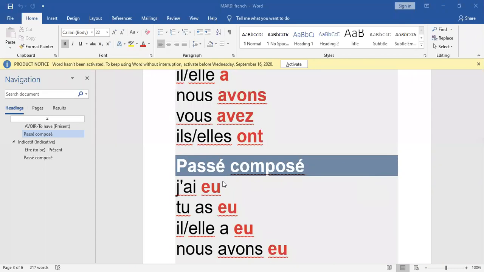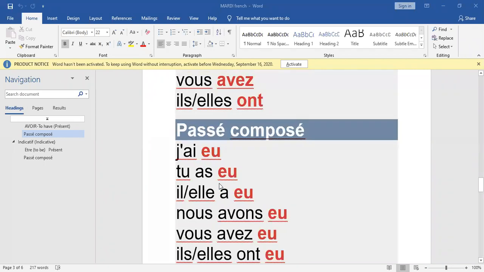The past participle of it is what? Eu. J'ai eu. Tu as eu. Il, elle a eu. Nous avons eu. Vous avez eu. Ils, elles ont eu. Remember, this is not English language. Do not say it sounds like eu.